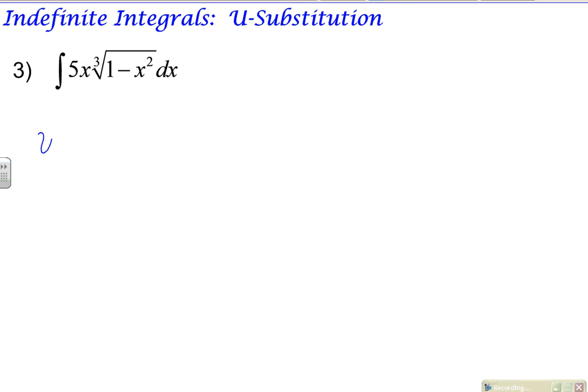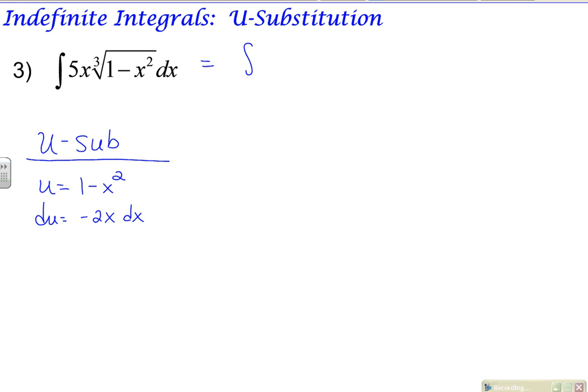So let's let u equal, there's my u sub. Let's let u equal 1 minus x squared. That means du is equal to negative 2x dx. Okay, for a moment I'm going to go back up to this original problem and just kind of rearrange stuff.